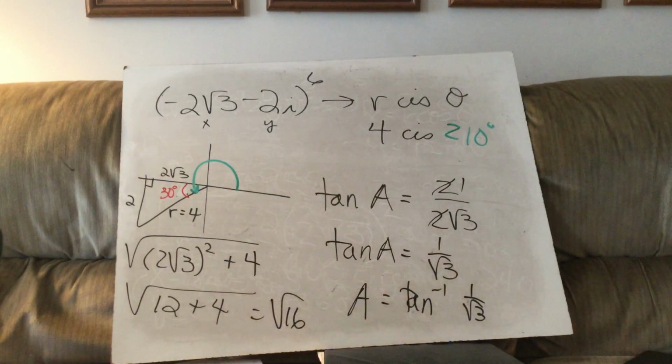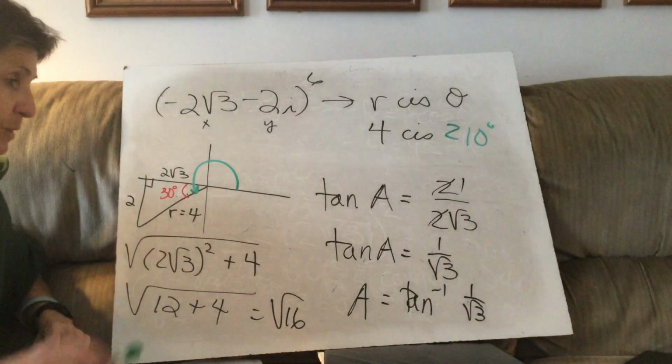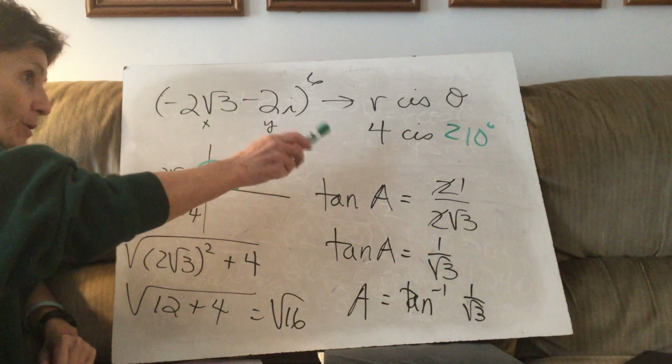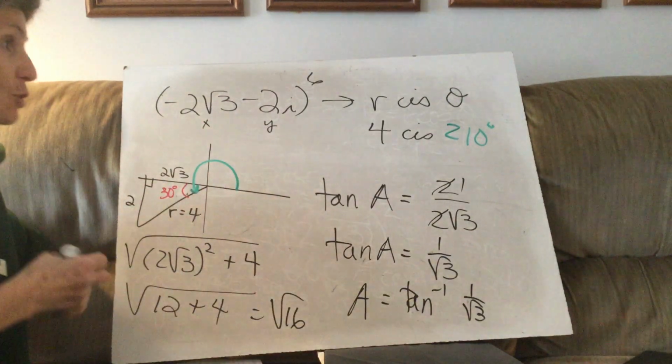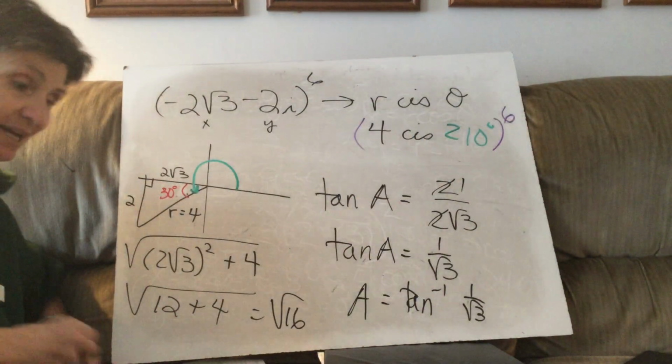So your number changed into polar form is 4 cis 210. All this work was just getting this number into polar form. So guys, you still have to take it to the 6th power. We haven't done that yet.